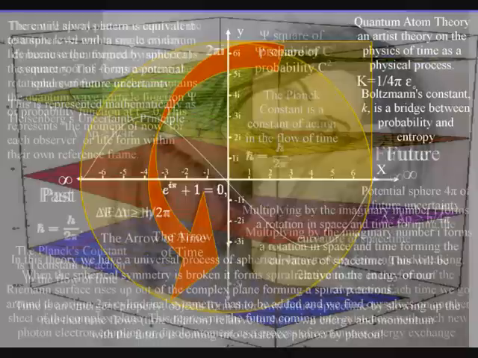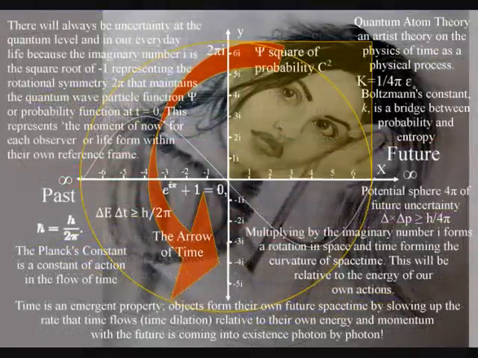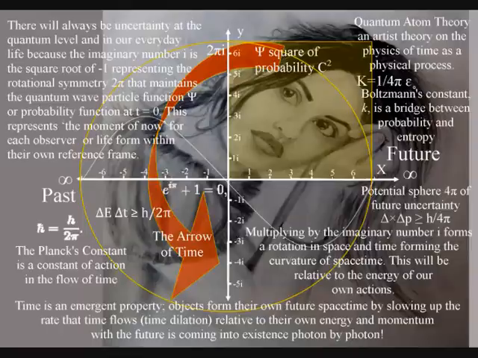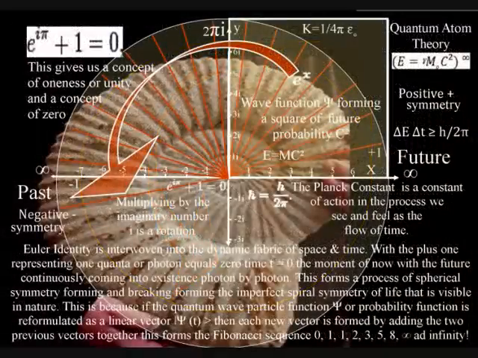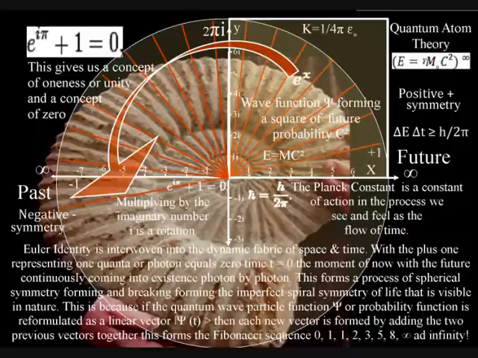This spiral symmetry forms line symmetry, representing the timeline, or arrow of time. The entire spiral pattern is equivalent to a sphere, 4π, with a single minimum dynamic origin, formed by spherical symmetry. When the spherical symmetry is broken, it forms the imperfect spiral symmetry of life that is visible in nature.